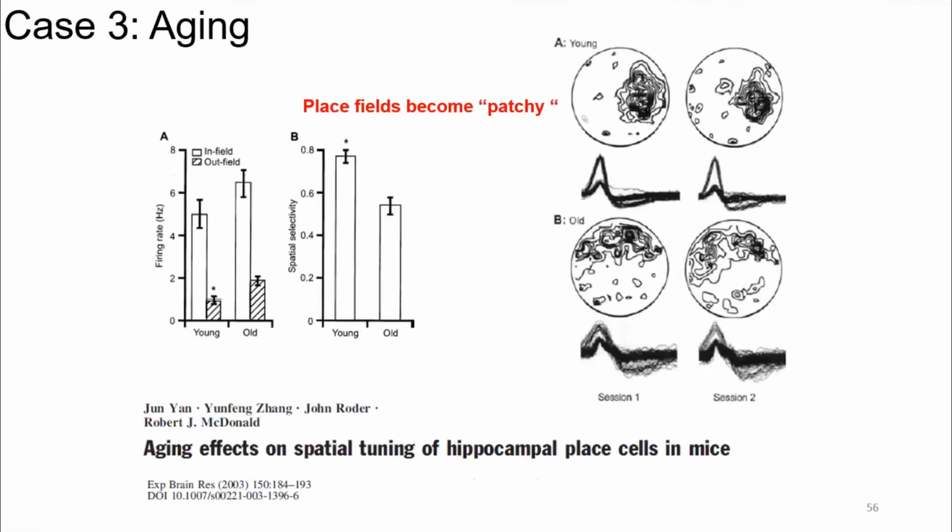Now, case 3, aging. In aging, similar things are happening. Place field sizes are getting larger and so on. But another interesting phenomenon is that place fields become patchy. What I've said so far is that every cell is firing at a particular region, but this is not literally true. There are many cases in which a given place cell can have several disconnected parts of a place field.